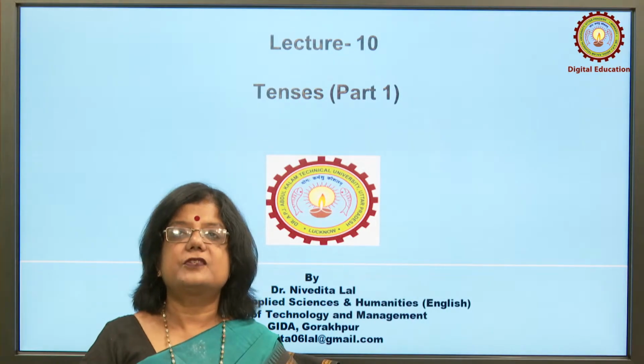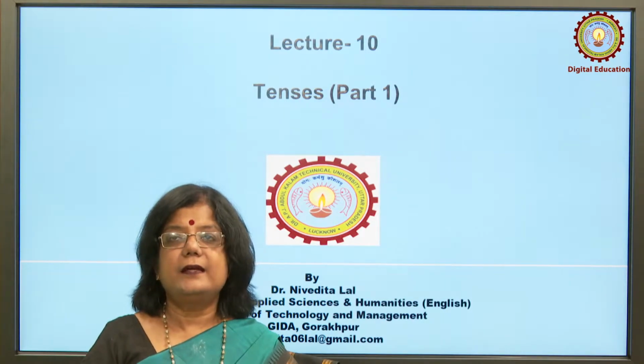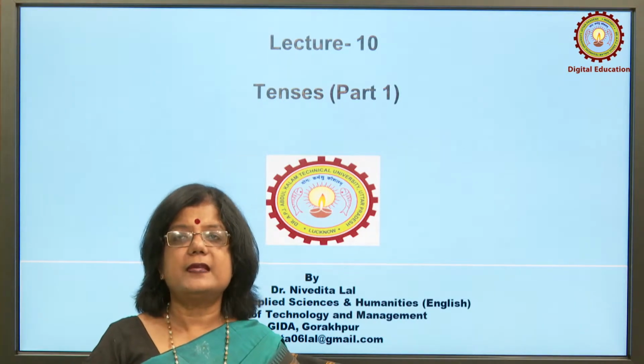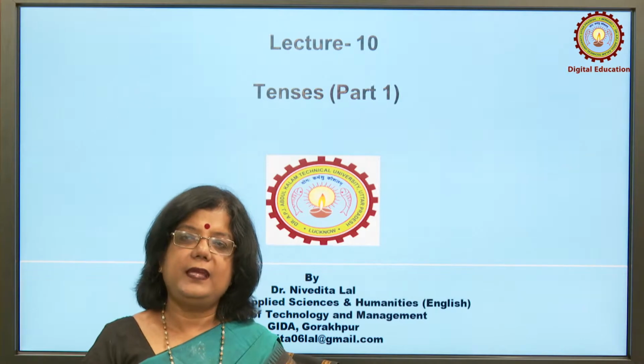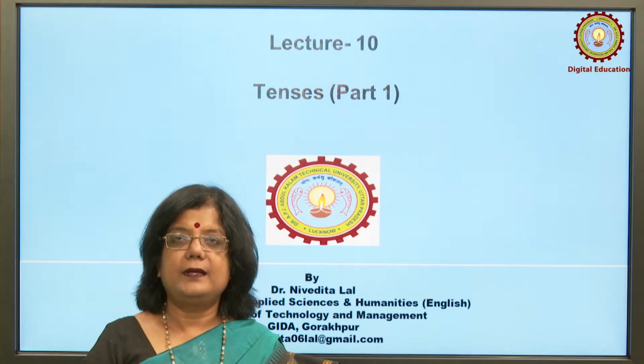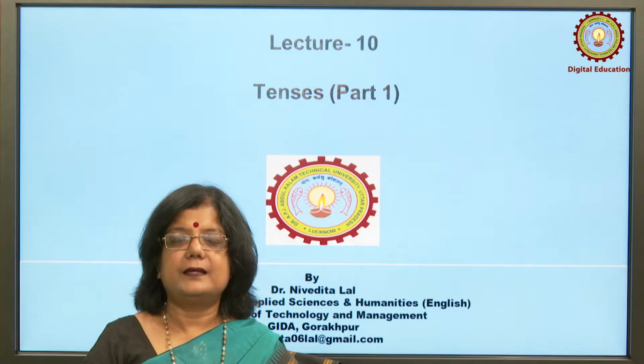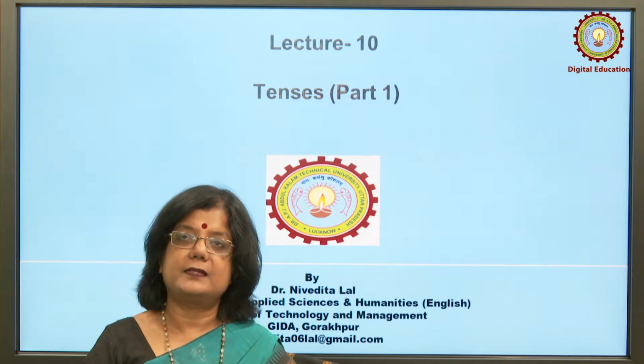As far as English grammar is concerned, to master this language, the three basic things which we can do: the first thing is to have control over tenses. Tenses form the very base of the English language.